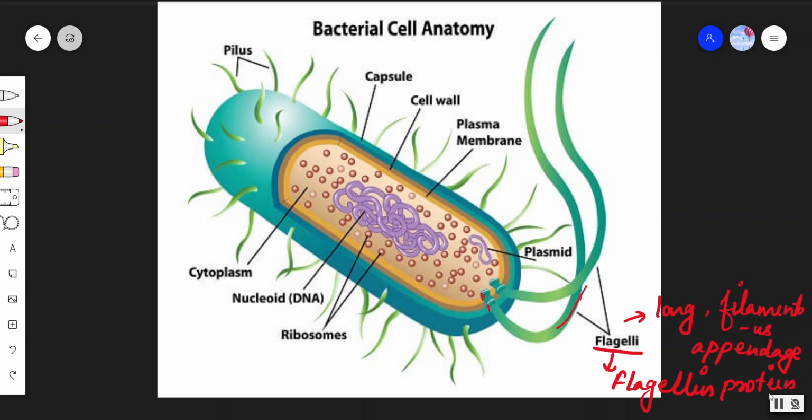And this flagellum is divided into three parts, that is filament, hook, and basal part, and this contains a protein called flagellin protein. Okay, clear? I hope this much is clear to you. Let me arrange this so we'll get the other things clearly.